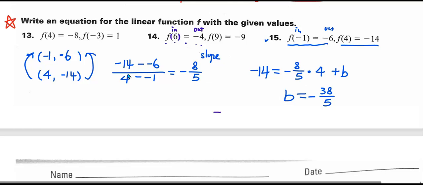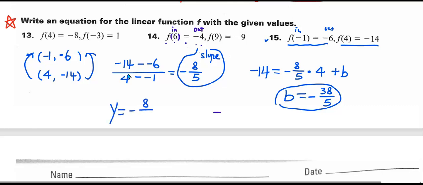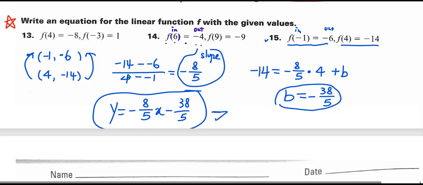You do not have to change it into a mixed number. Okay, now you have the y-intercept, and you have the slope, and you can start to write slope, x, and y-intercept. And we are done here.